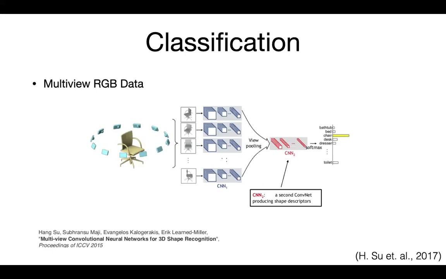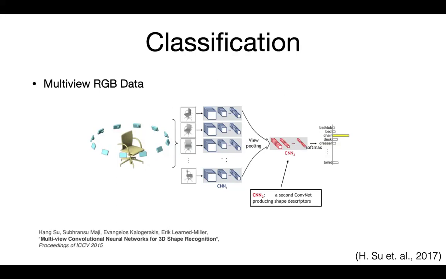For classification, we can use multi-view RGB data. Here we have the images themselves, but also the information about the cameras that took those images of a 3D object. For each view, we have an image and the camera position, and then we have a convolutional neural network that operates on that image.